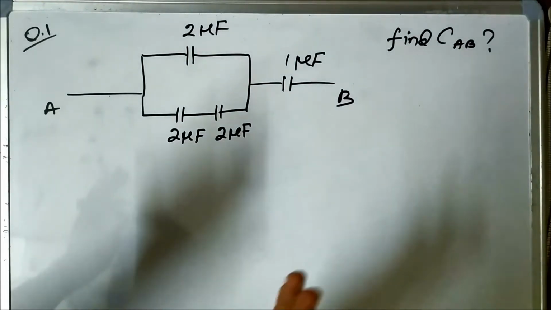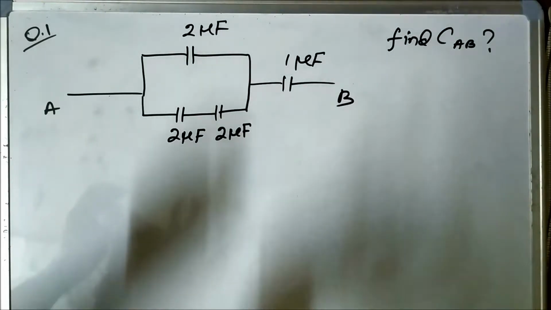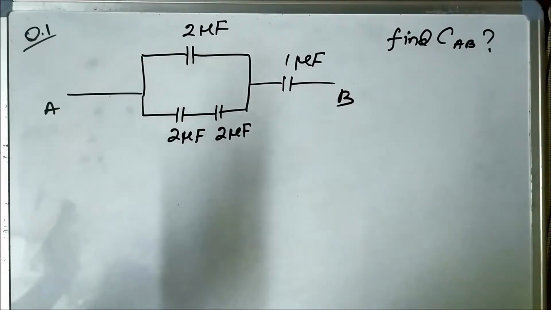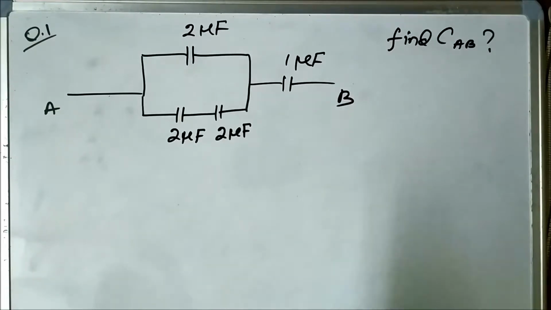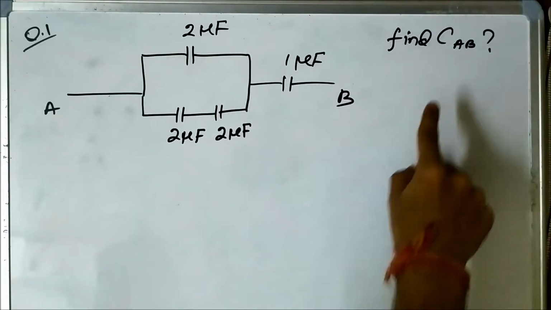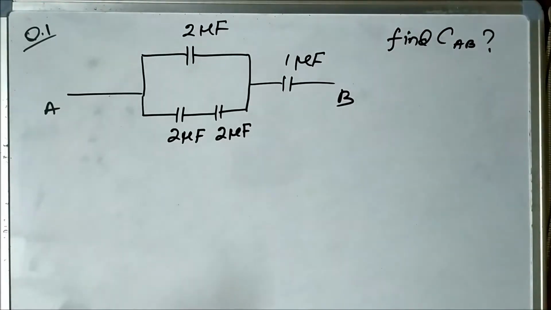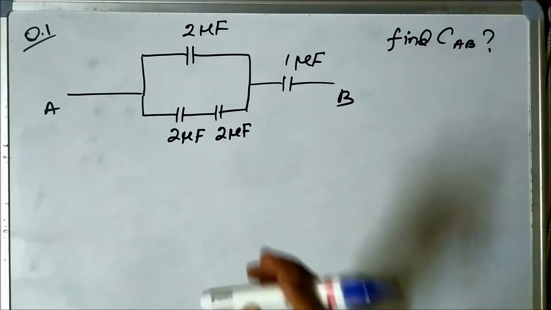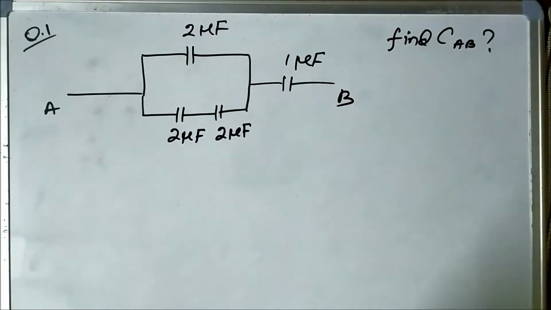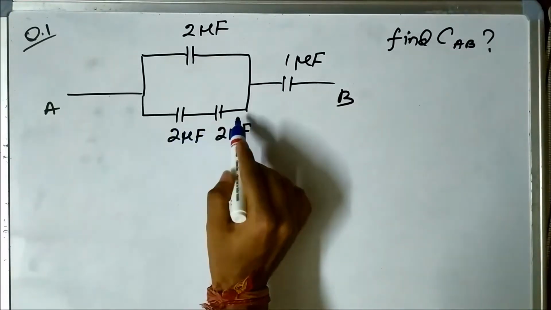First we have to identify the group of capacitors which are connected in a certain way, and then we reduce it into a simpler form, and then we gradually go on reducing this circuit into a single capacitance, which is the equivalent capacitance.